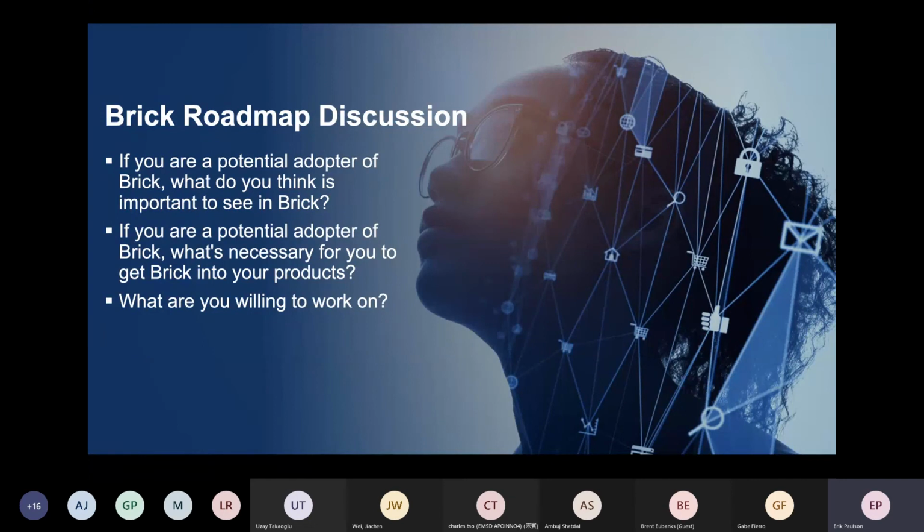First of all, I'll tell you some of the things that we're thinking about doing for Brick 1.3 and beyond, but we're very interested in hearing from other folks around these questions. So if you're a potential adopter of Brick, we'd love to know, what do you think is important to see in Brick? And if you're a potential adopter of Brick and you make a product, what's necessary for you to see to get Brick into your product?